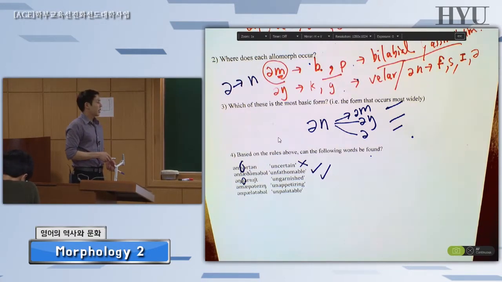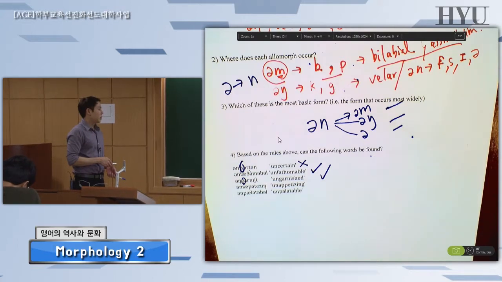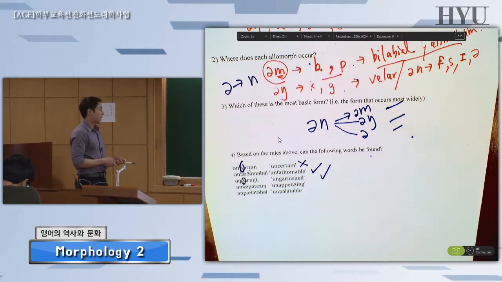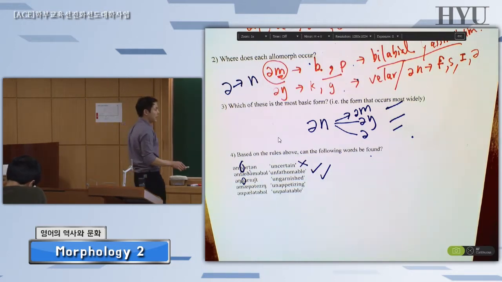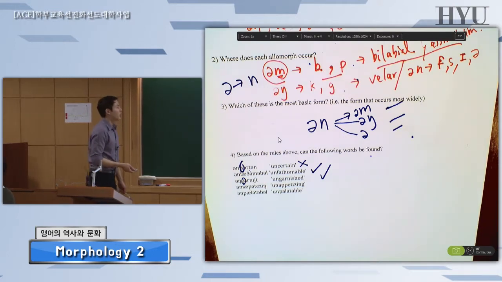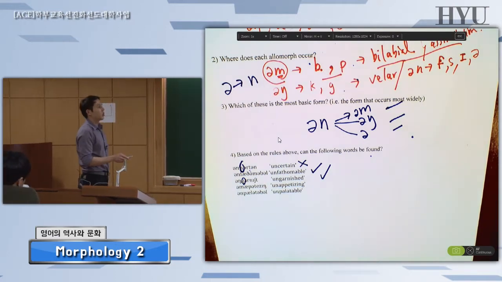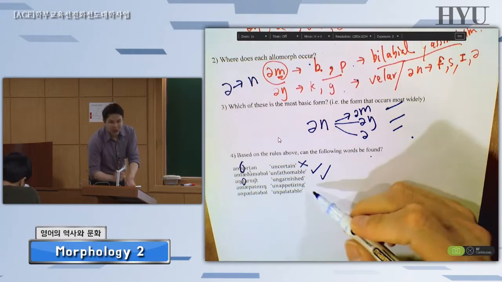Unappetizing, do we pronounce it as in unappetizing? The following sound is a vowel. So why do we find a vowel? It should be un, right? So that's not likely.